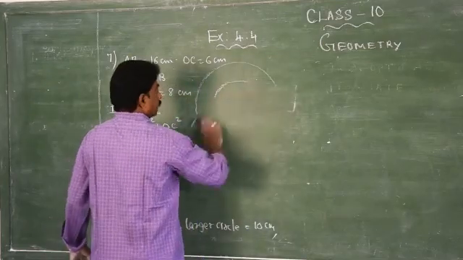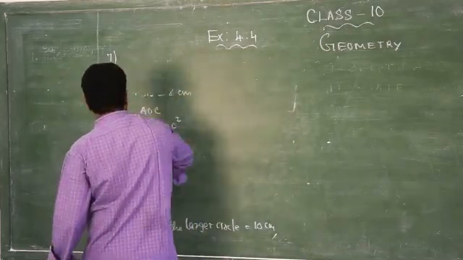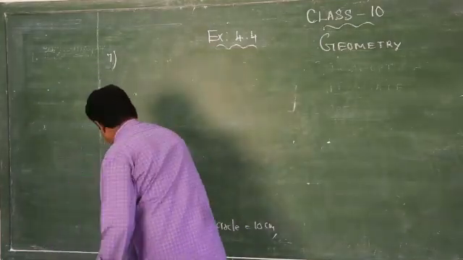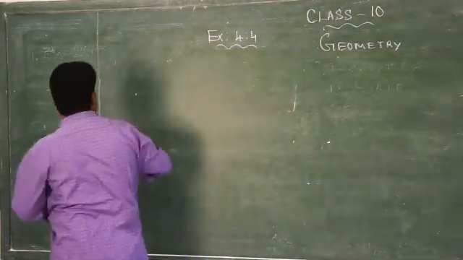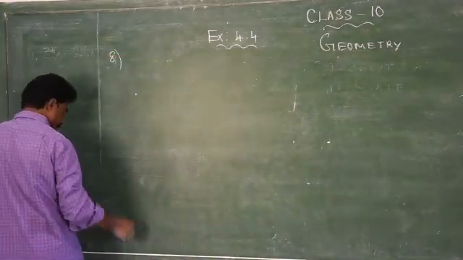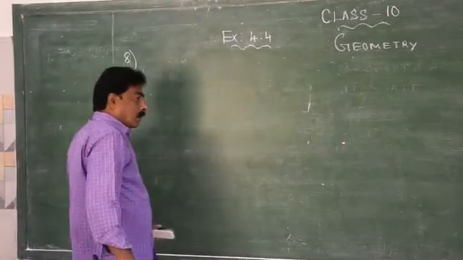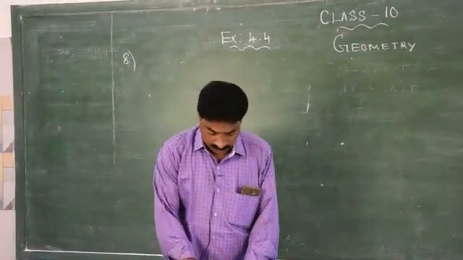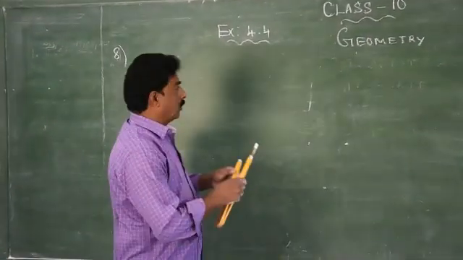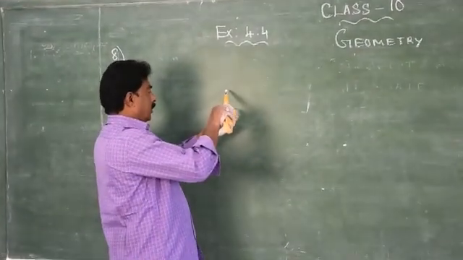So, eighth sum. Two circles, one has radius 3, the other 4. So, intersecting circles.